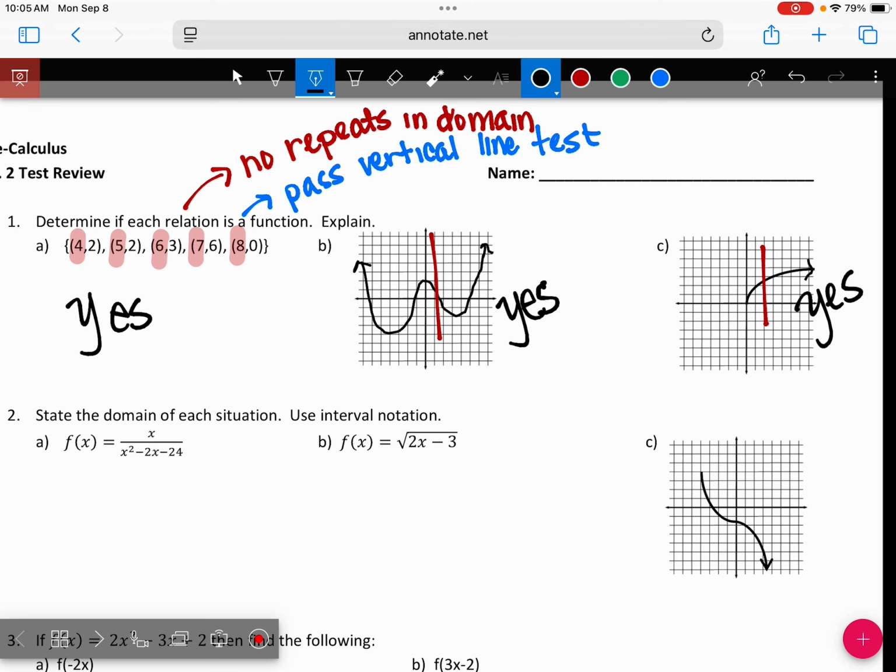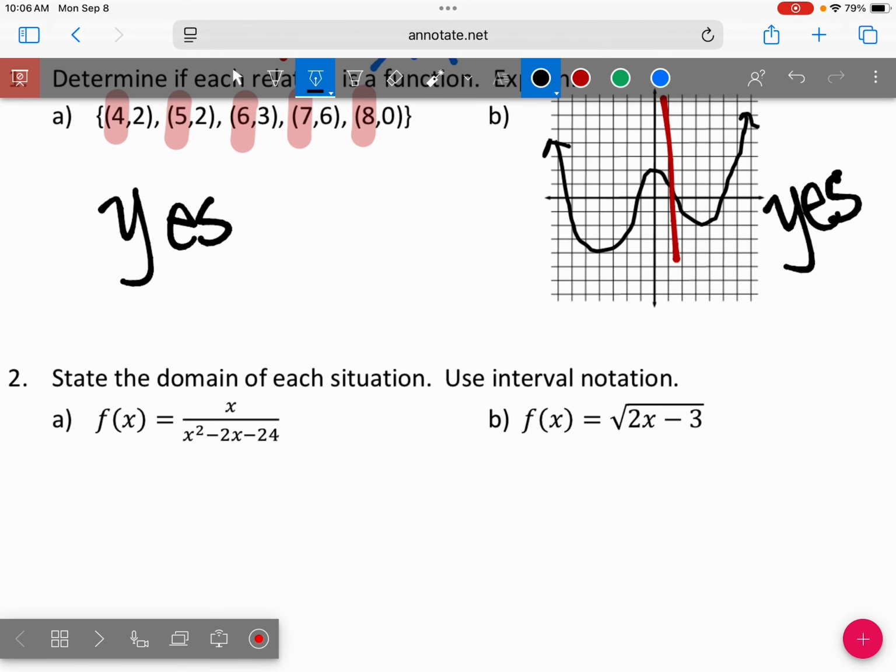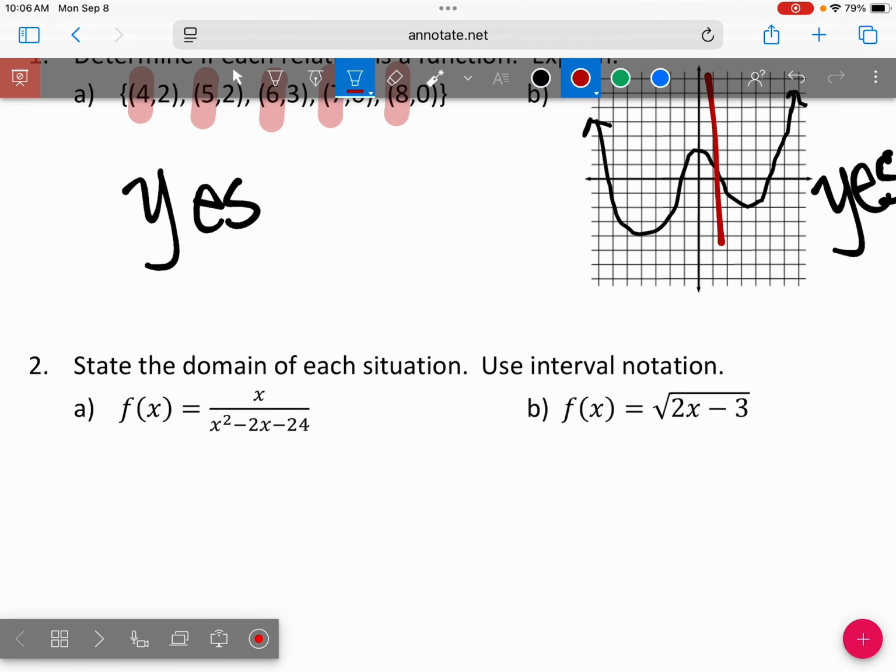Okay, so the domain. All right, so remember there are 2 red lights. You cannot divide by 0. So if there is an X in the denominator, we need to remove that from the domain. So in order to factor down, I'm only focusing on my denominator.